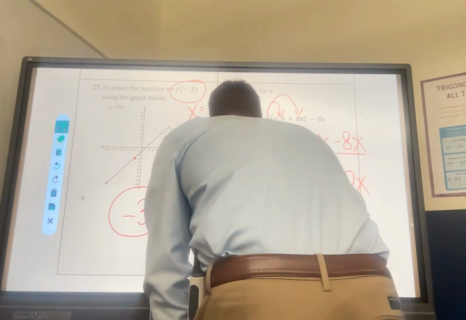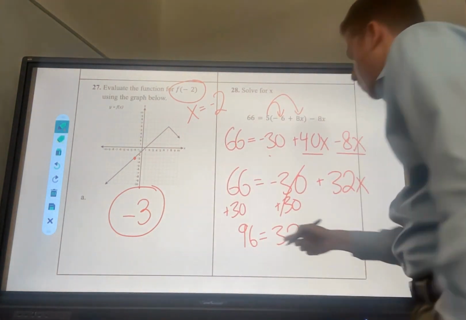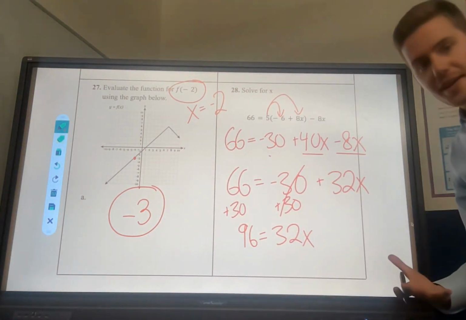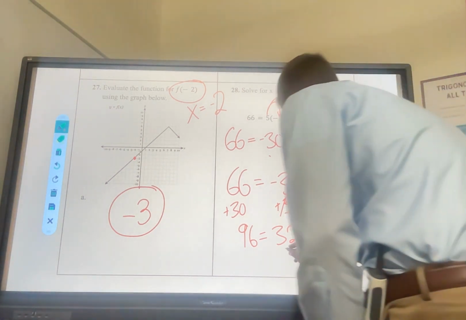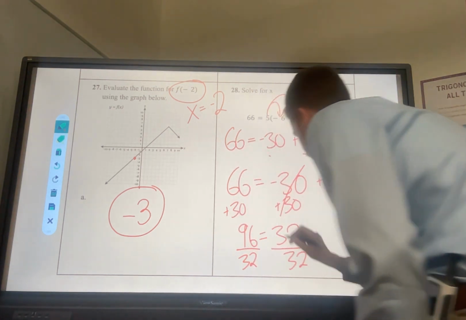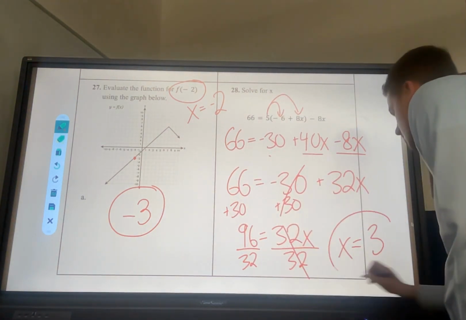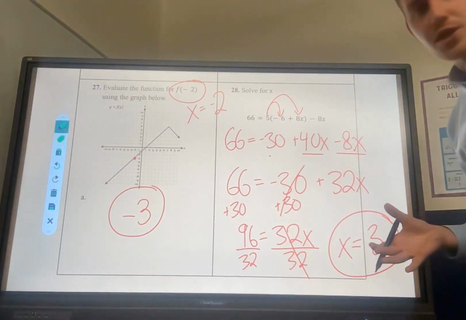I'm left with 96 equals 32x. And my final step here, I was going to go ahead and divide both sides by 32. So my final answer is x equals 3. That's how we do question 28.